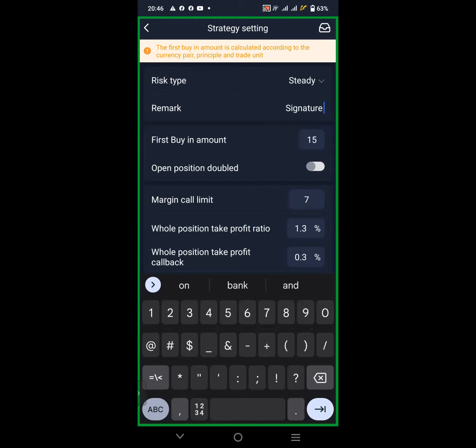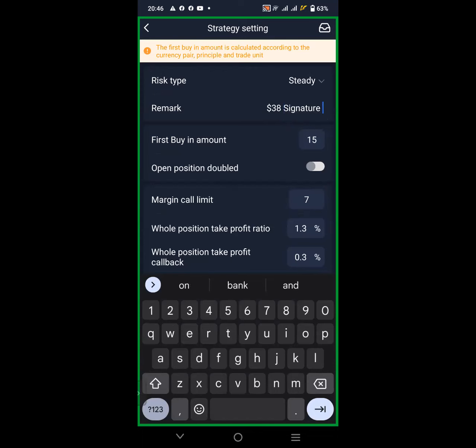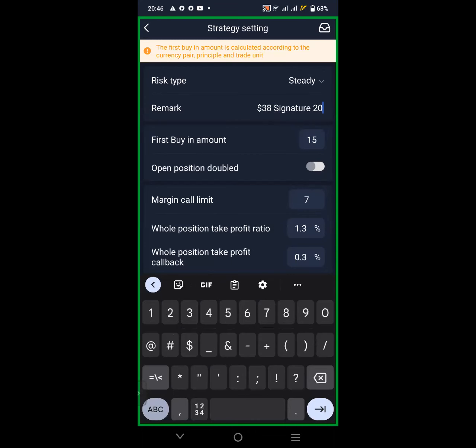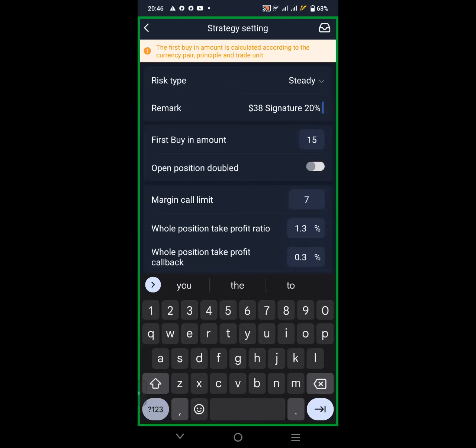Okay, yes, you are doing good. $38 space signature, and then put 20% space CAP for capital. So this gives you an idea that this is a $38 signature strategy, and then we are using 20% of your capital, and you know that you will be trading 2 coins with what we have.